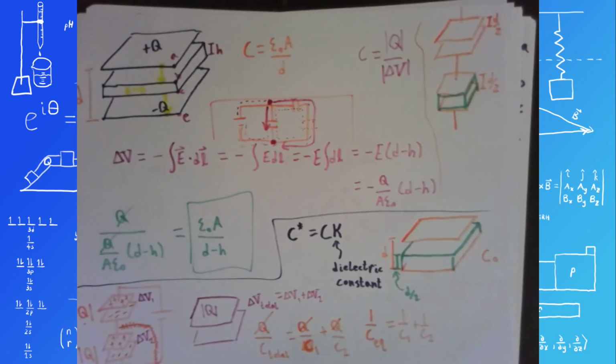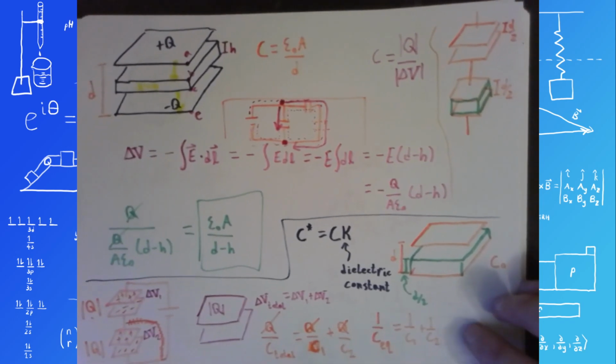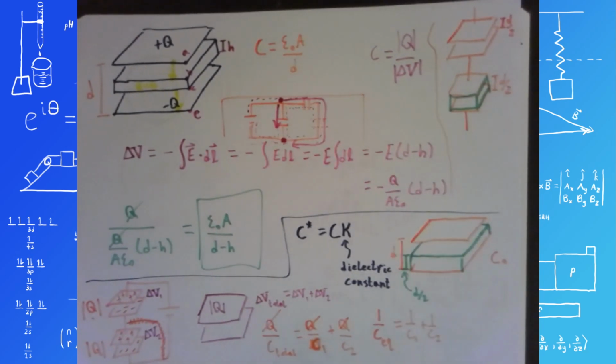Anyway, we've just gone ahead and shown the equation for finding the equivalent capacitance for capacitors connected in series. So let's go back to our problem of dielectrics. We have a dielectric in here that only fills up half the space between the plates of a parallel plate capacitor.